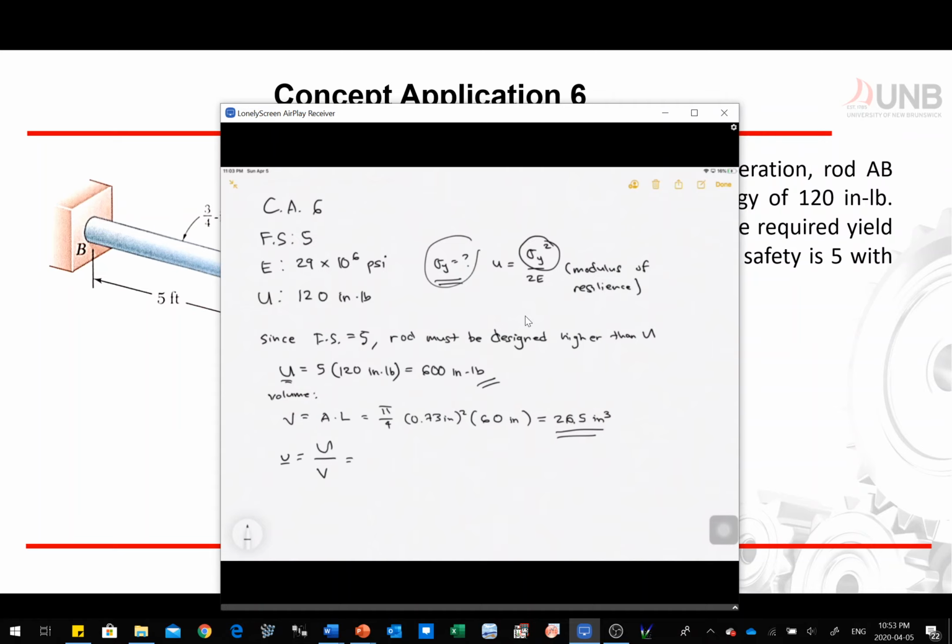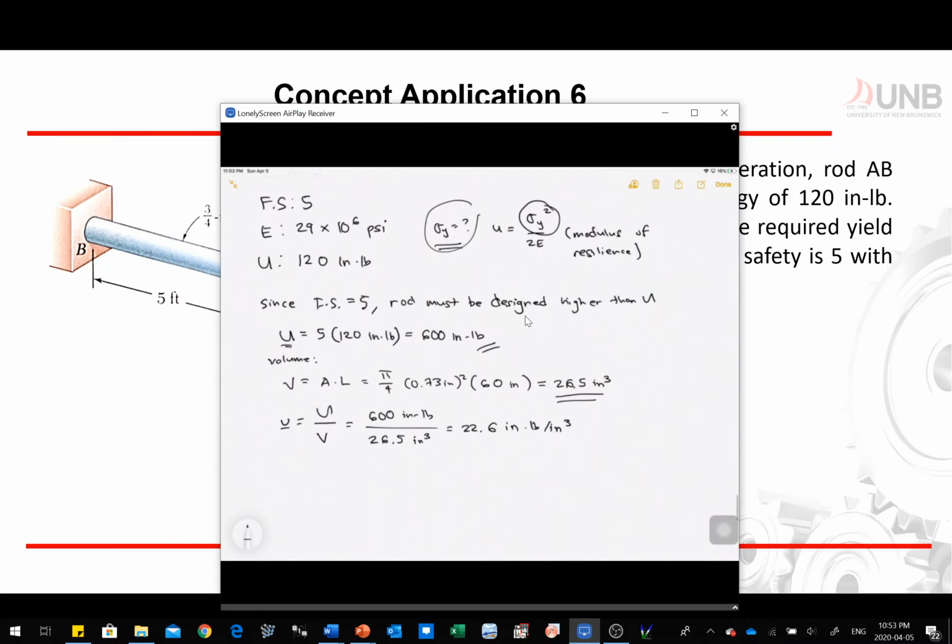Our capital U is 600 inch-pound divided by 26.5 inch cubed, which is equal to 22.6 inch-pound per inch cubed. This u is equal to your modulus of resilience, so it's equivalent to sigma y squared divided by 2E.